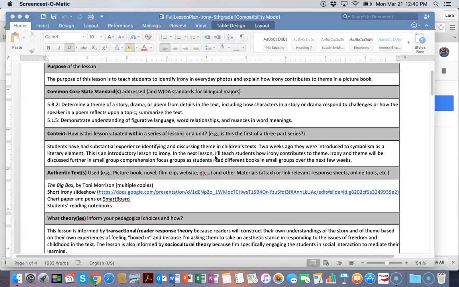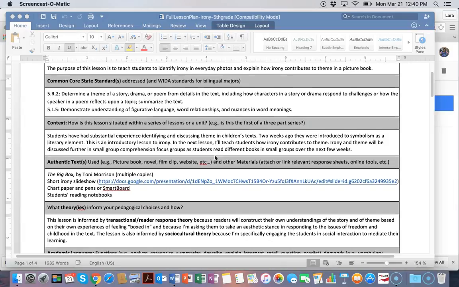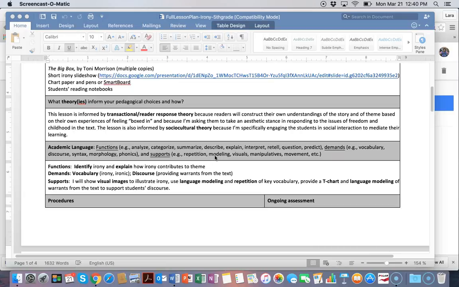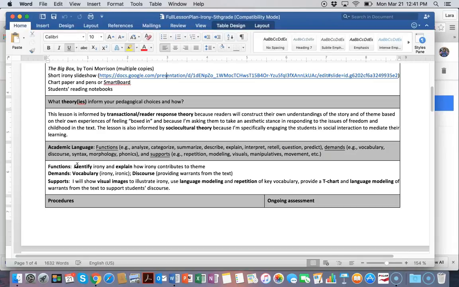So one of the first things that I'd like to do is to flip down to the academic language section. The first thing you're going to see is that 2 academic language functions were identified in this lesson. First, the students will identify irony and explain how irony contributes to theme.